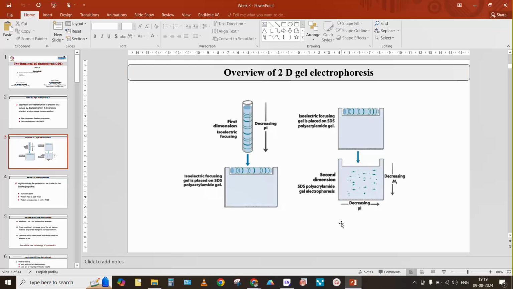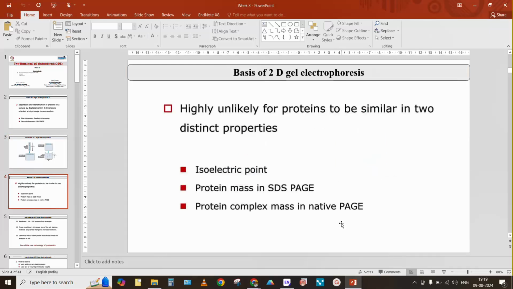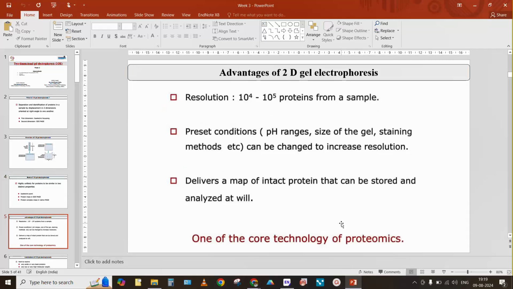The basic principle is that it is highly unlikely for proteins to be similar in two distinct properties: isoelectric point, protein mass in SDS-PAGE, or protein complex mass in native PAGE.